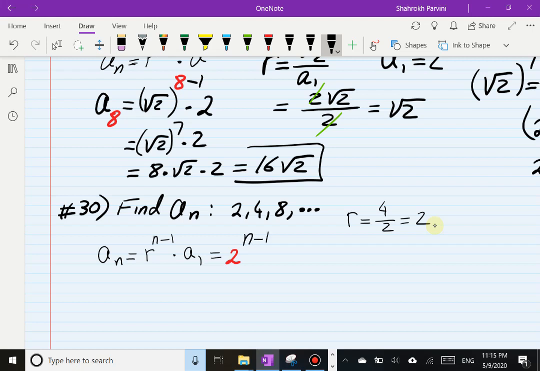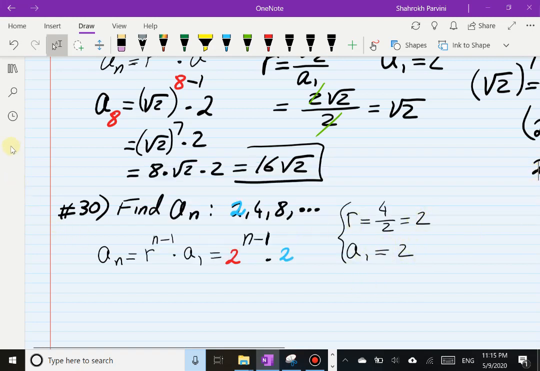For the nth term, we don't know what n is, so we're going to keep n in the exponent. Times first term is 2, right? That would be, let me use color in blue. That's this 2. That's our first term, right? First term is 2. It's just coincidental, folks, that our first term and common ratio are the same.